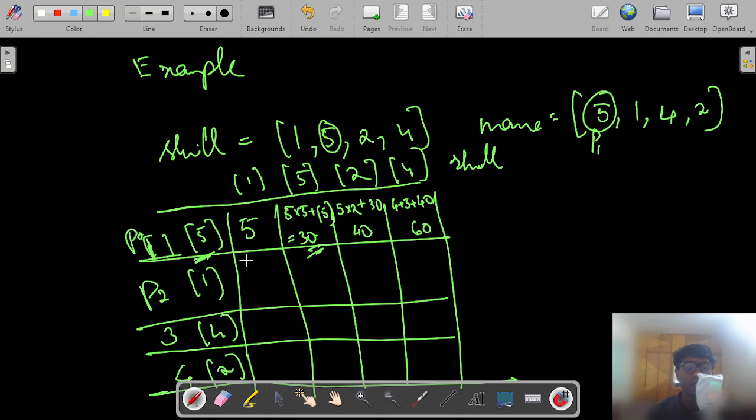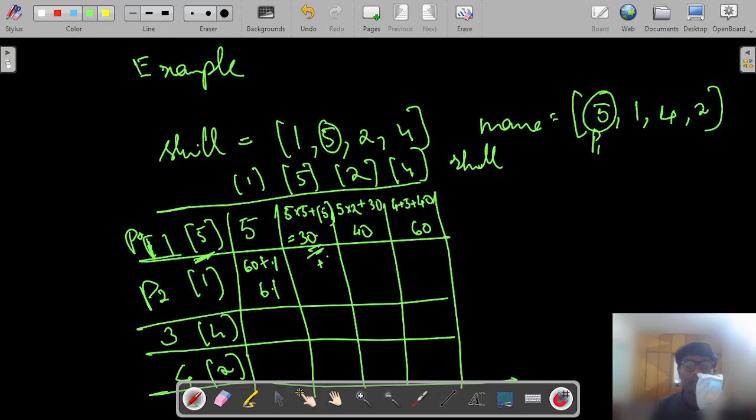So let's say this guy starts his work at 60 and takes up the second mana, which is 61 into 1, which is 61.